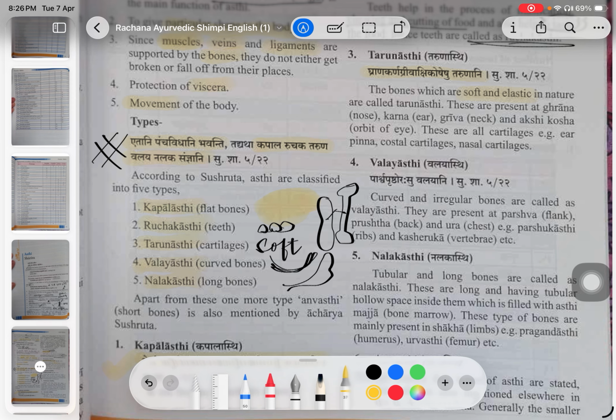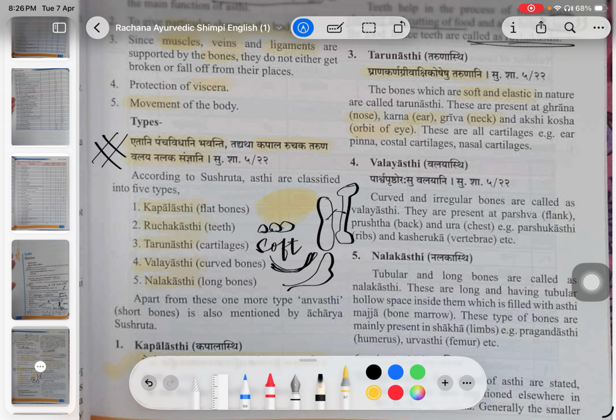These are present at Ghran, nose. So all the cartilaginous parts: nose, karn, ear, griva, neck, and akshikosh, orbit of eye. These are all cartilages. Example, ear pinna, costal cartilages with the ribs. They attach the sternum to the ribs. Nasal cartilages all come under Tarunasthi.